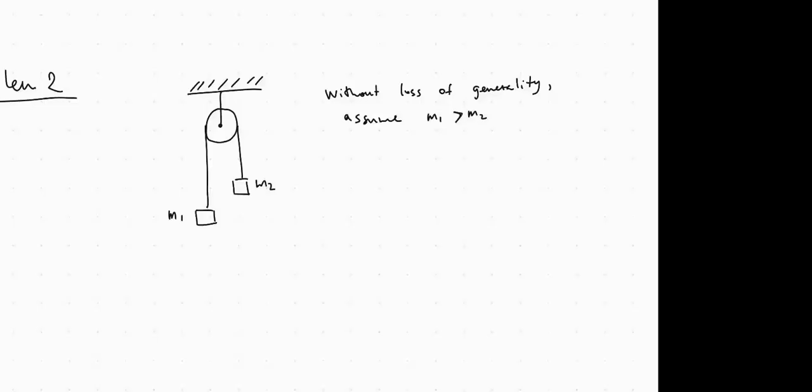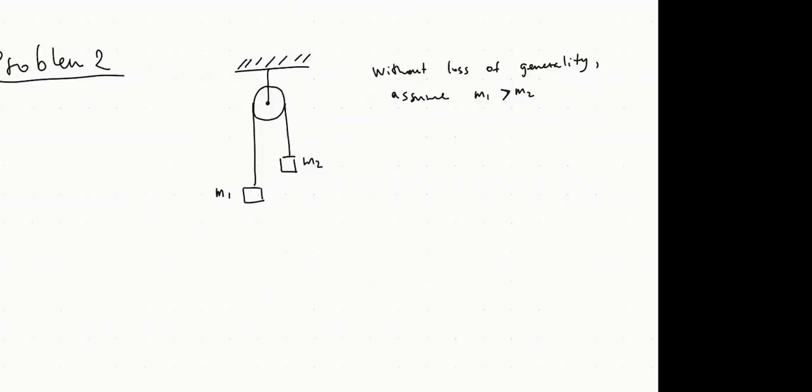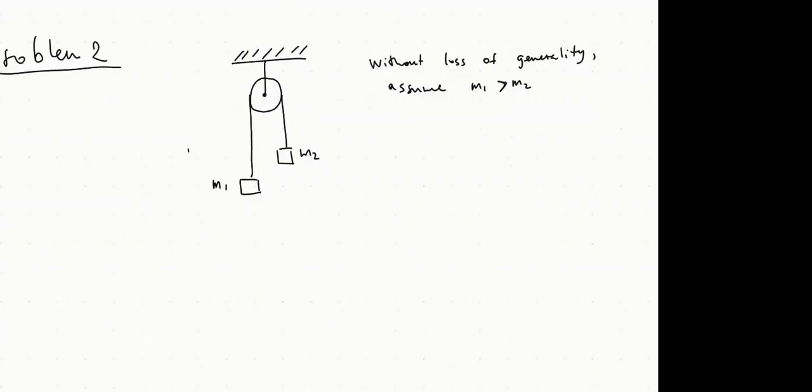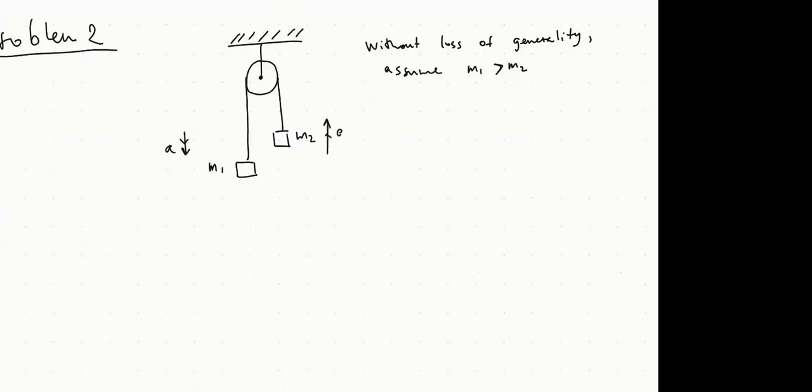So that means we still have a general solution, but just to get things going, because we want to know which way the system will move, right? So we just assume that M1 is greater. So that means that M1 accelerates down and M2 accelerates up.